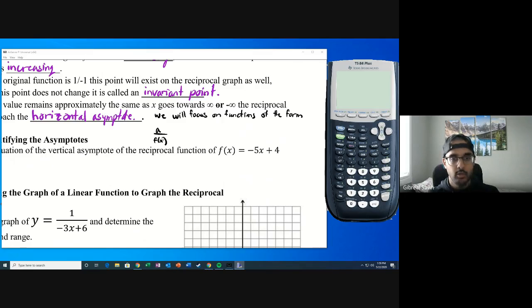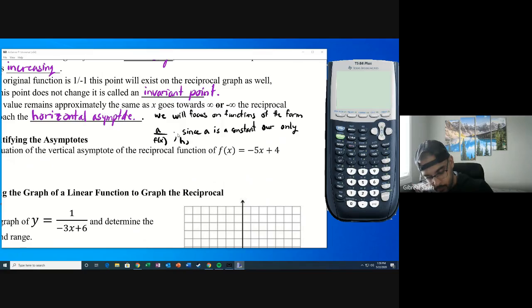Now, since our numerators are just a constant, okay, so since a is a constant, our only horizontal asymptote will be y is equal to 0.